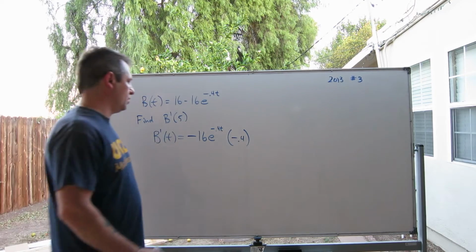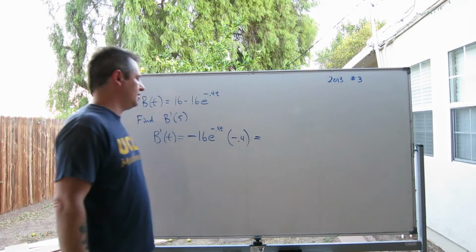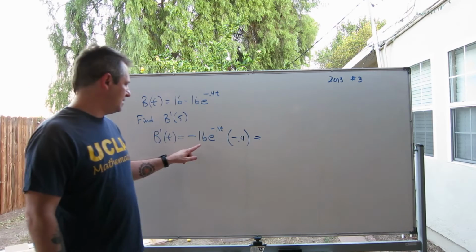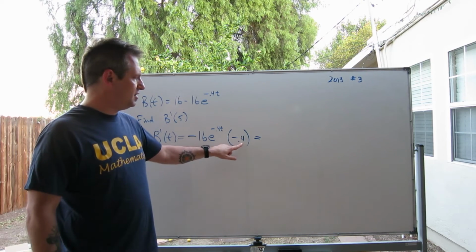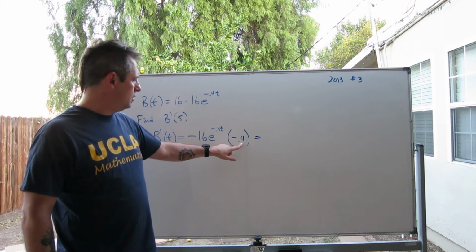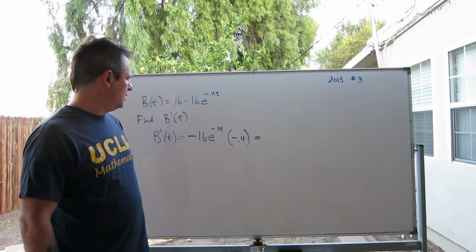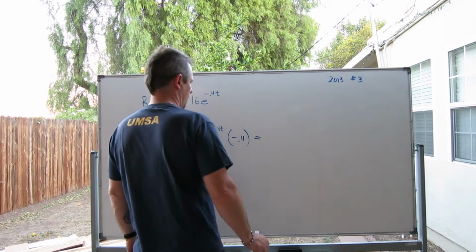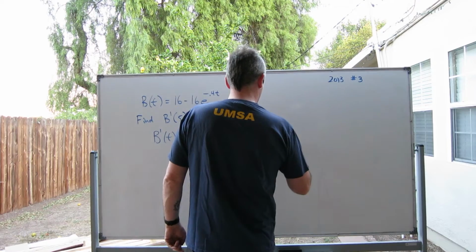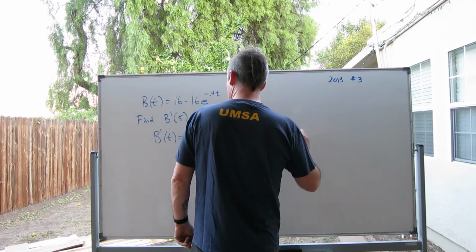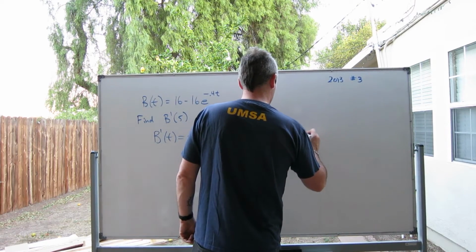So when all the smoke clears, the negatives end up canceling, and we should get 16 times 4/10, or 2/5. So this would be 32/5 e to the negative 0.4t.